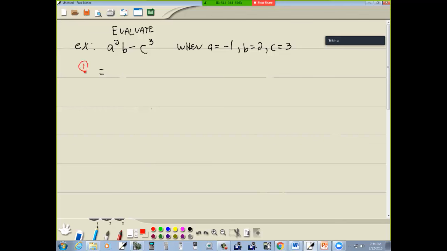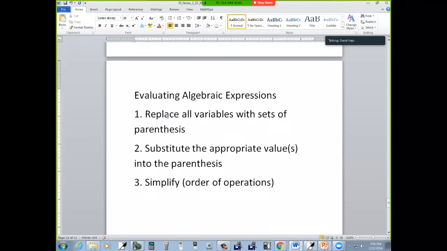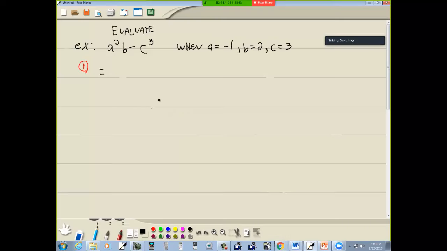Now step 1. Wherever we're evaluating, it's always a good idea to replace all your variables with sets of parentheses. So I'm going to have parentheses squared times parentheses minus parentheses to the third. Now everything else remains exactly the same. All I did is replace the letters with sets of parentheses.